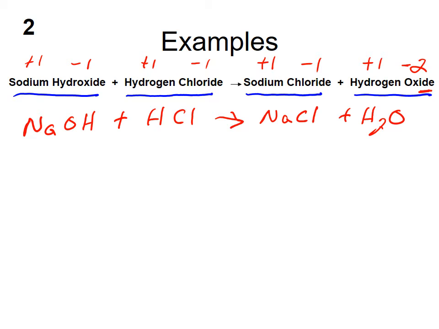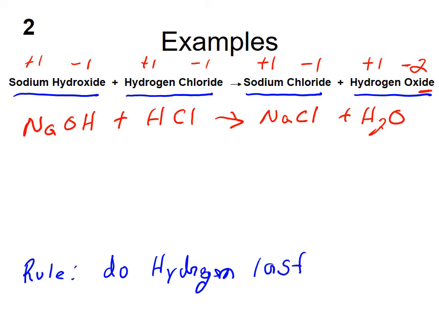Now what I'm going to do is I'm going to count. I have a little rule that you want to follow. The rule is do hydrogen last. So I'm going to start with sodium.